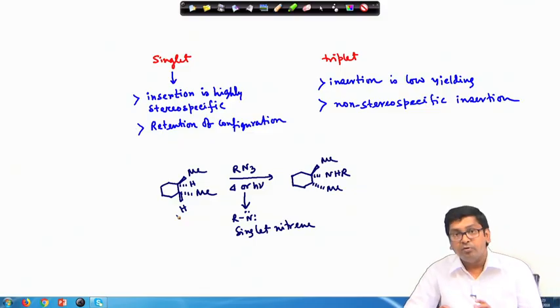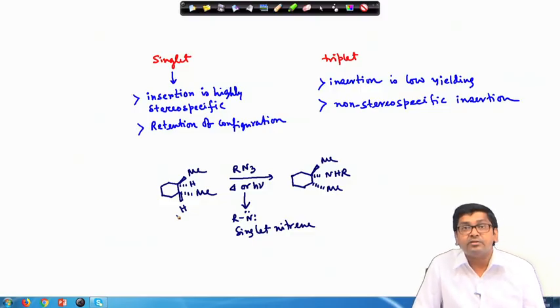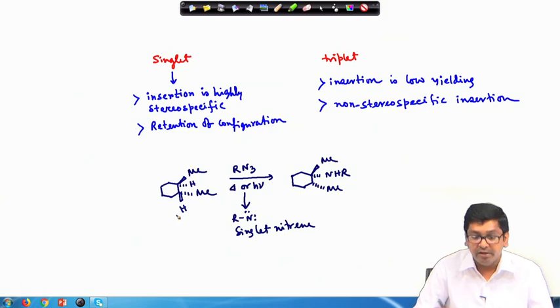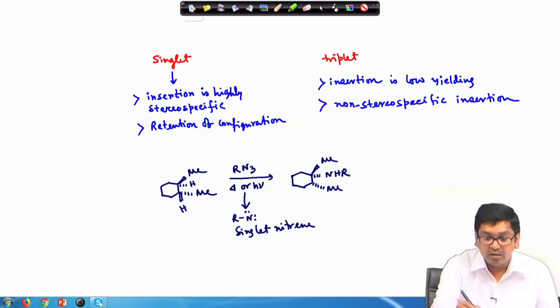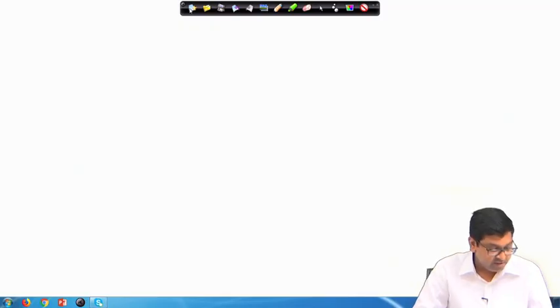Okay. Now, we have seen that in case of singlet nitrene the insertion is in a concerted manner, and in case of triplet nitrenes we have seen that they behave like a diradical. So in that case we can say that the reaction will go in a stepwise manner.